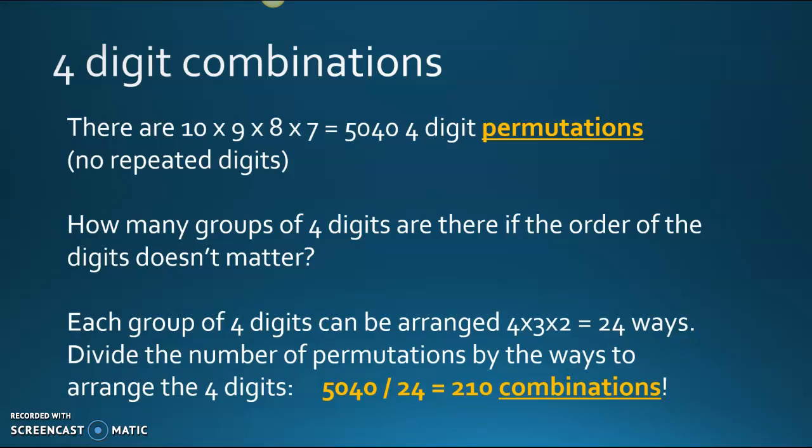Well, each of these groups of 4 digits can be arranged in 24 different ways. That's how we end up with so many different permutations. If we divide the number of permutations, in this case 5,040, by the ways to arrange the digits we kept, which is 24, we only have 210 combinations. That's sets of 4 digits, with the order not making any difference.